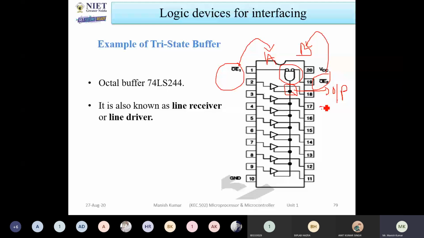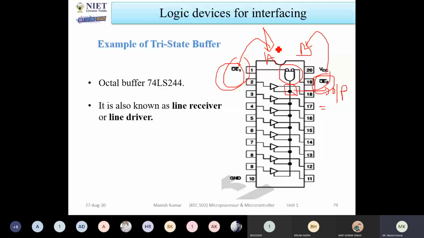So which type of gate is it? NOR gate. Correct? So why will this NOR gate be used? Since you can see OE1 and OE2 are both active low signals. If they are active high signals, then we will use a NAND gate.